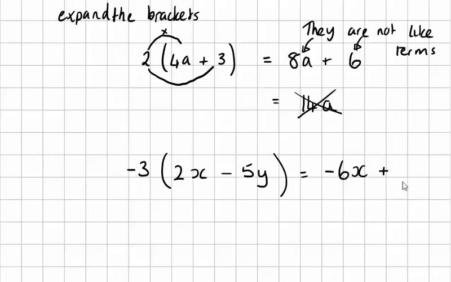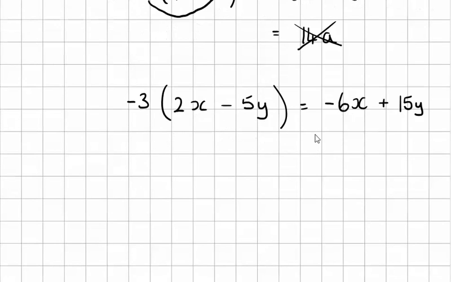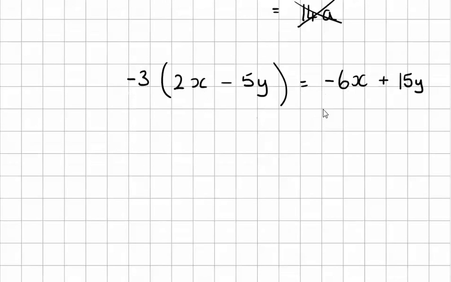No, it's not negative, it will be just like 15y. Okay, I get why it's plus, but that's it. Well, that's a good start. What we do then is we say negative 3 times 2x makes the negative 6x.